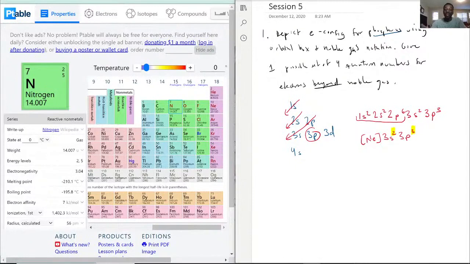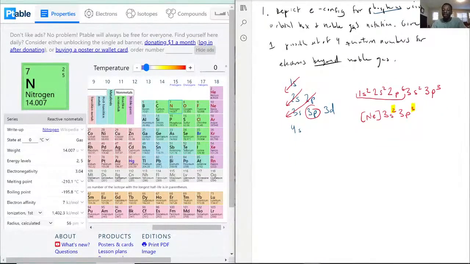So this question doesn't only ask for that, but also the orbital box notation. So for this, what we do is, because they want to know orbital box for the whole thing and the noble gas, we're going to first draw out our boxes. Okay, so just as how I have that above with this breakdown, it's going to be the same thing, but as you notice, I'm adding more boxes here because as you're counting, you see that the s orbital had 2 elements each time, right?